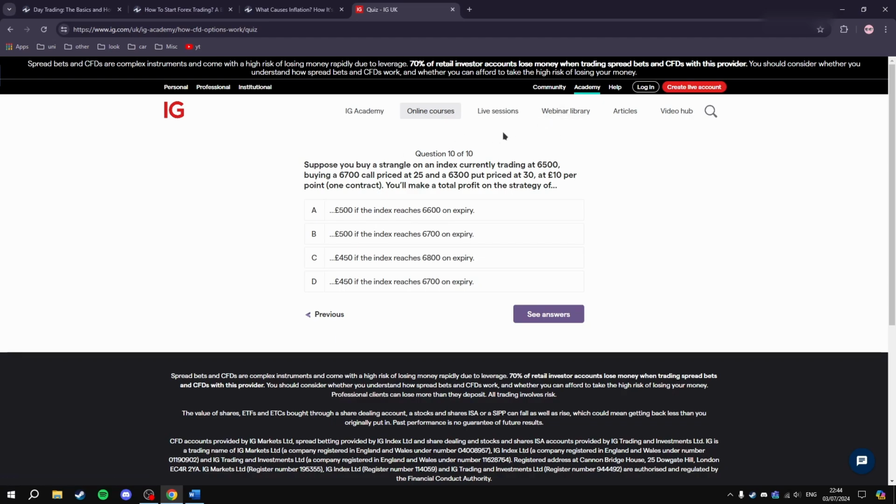And you also make a profit if it went below 6,270. So 25 times by 10, £250, 30 times by 10, 250 plus 300, that's 550.